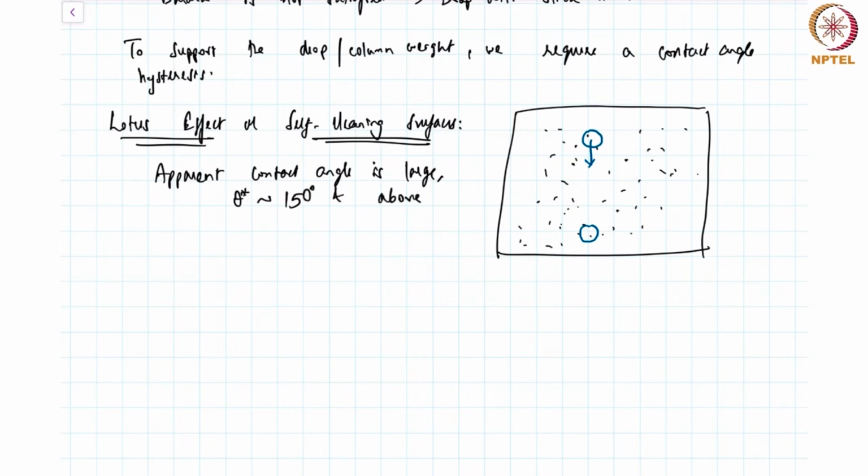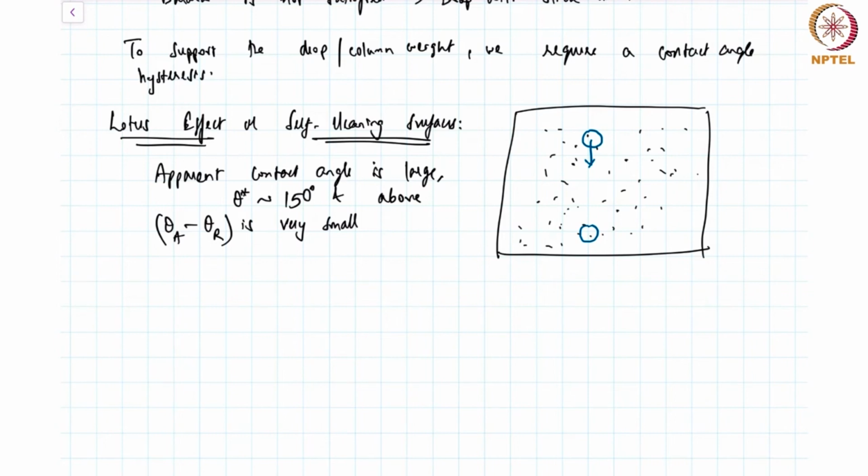The other thing is the hysteresis angle, that is theta A minus theta R, is very small. So it's possible these days to make extreme hydrophobic surfaces where the hysteresis angle is as low as 5 degrees or even smaller.